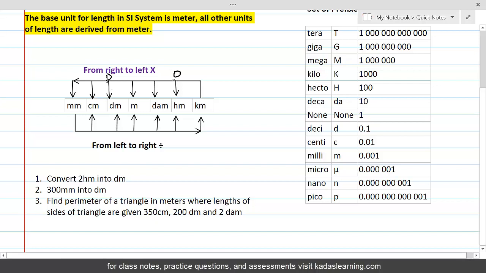Every time we make a step, we multiply by 10. So for moving from O to D, we have made 3 steps, and for each step we multiply by 10.